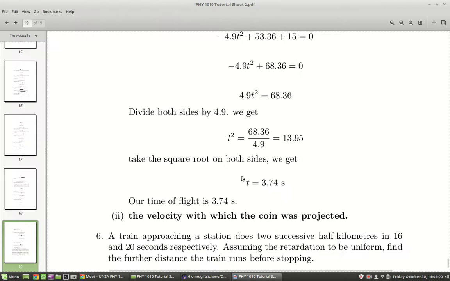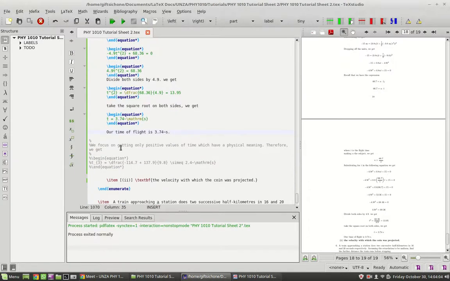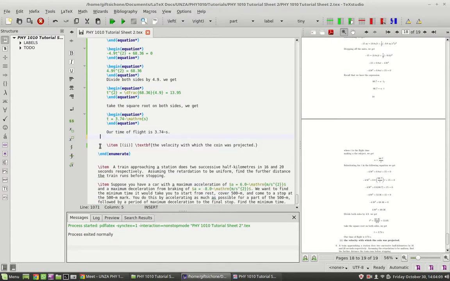Okay. Now that we know the time of flight, we can work out the velocity with which the coin was tossed.